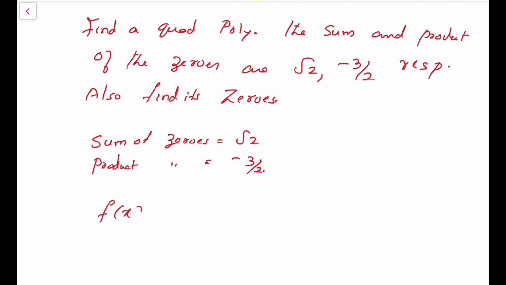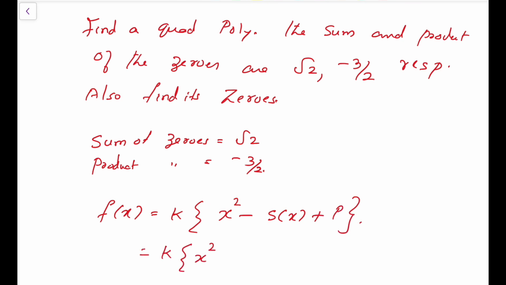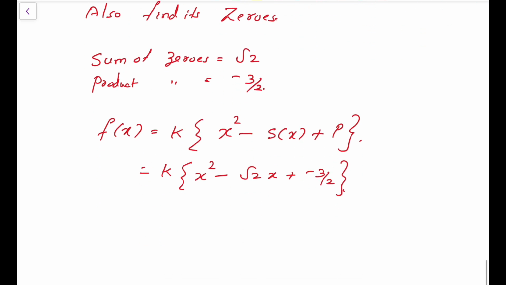Now you have to frame the polynomial. So the polynomial will be f of x is equal to k into x squared minus sum of x plus product, k into x squared minus root 2 x plus minus 3 by 2.